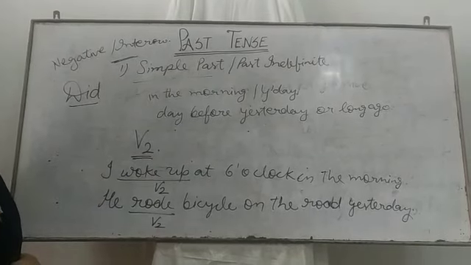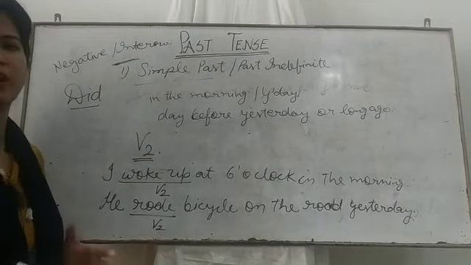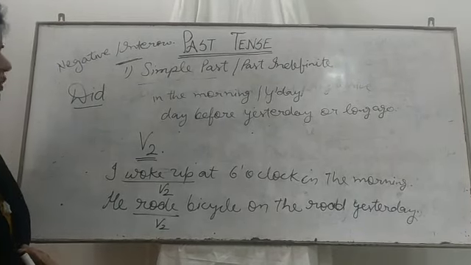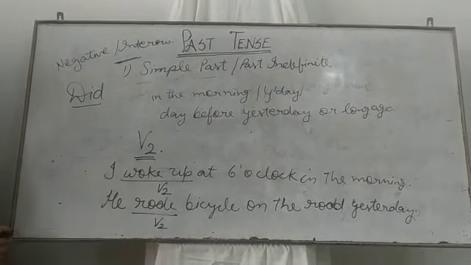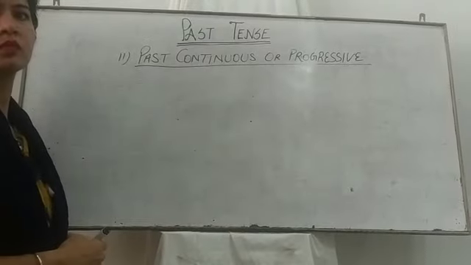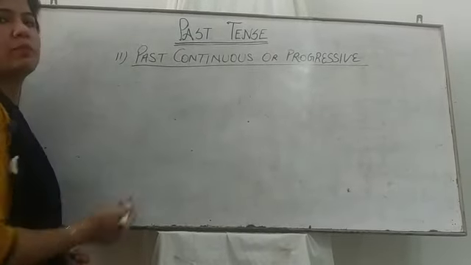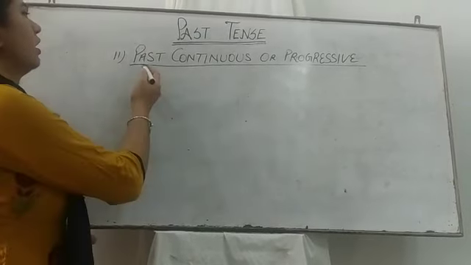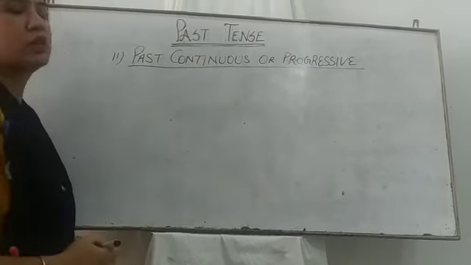And for negative, he didn't come to my home yesterday. Okay? Now the simple past tense is clear to you.